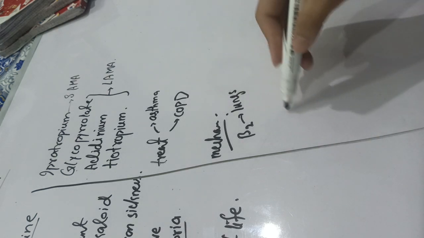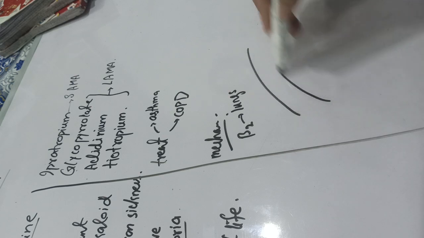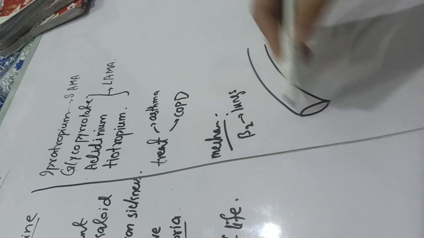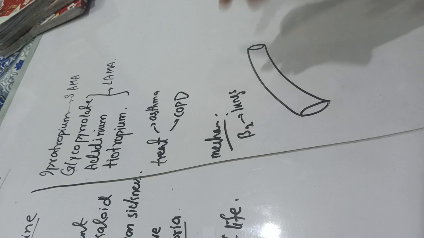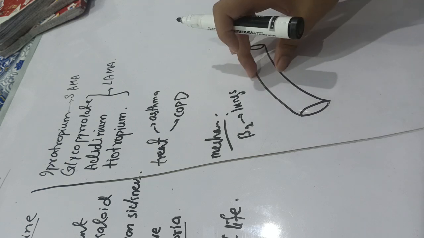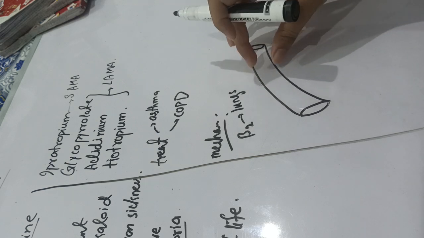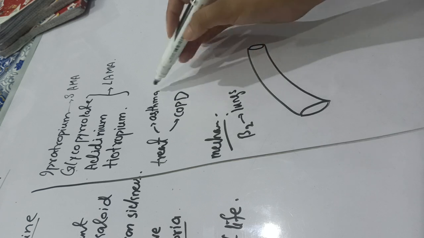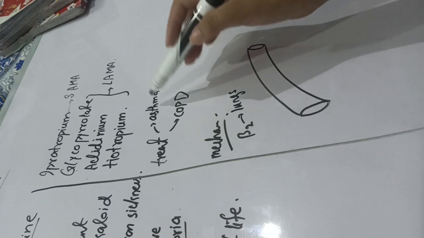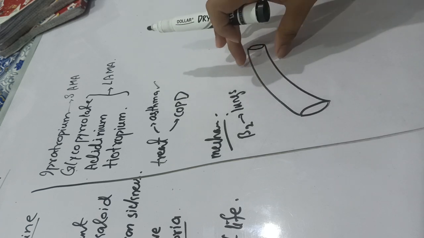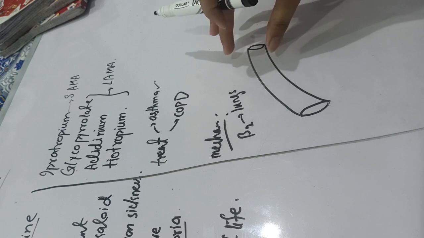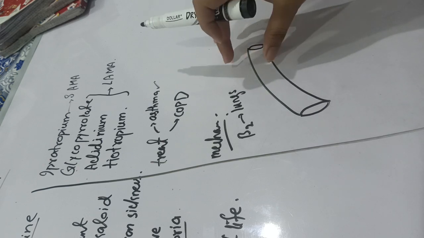What happens in an asthma patient? This is the bronchiole. In the asthma patient, this bronchiole constricts, and due to this constriction the asthma occurs. Now in order to treat this asthma, we want to increase the diameter of your bronchiole. We want to dilate this bronchiole.